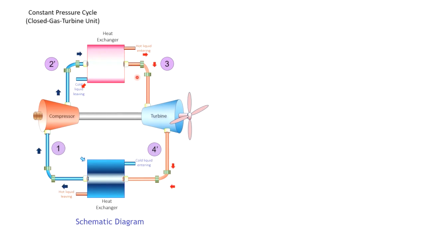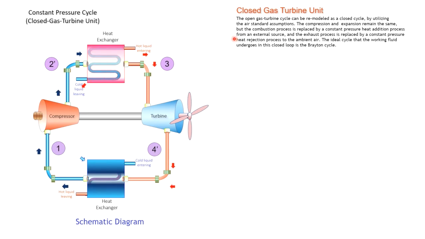Later on we will go into the PV and TS diagrams. Now, what is a closed gas turbine unit? You have a closed gas turbine unit and an open gas turbine unit; we'll go into the open gas turbine unit at a later stage.